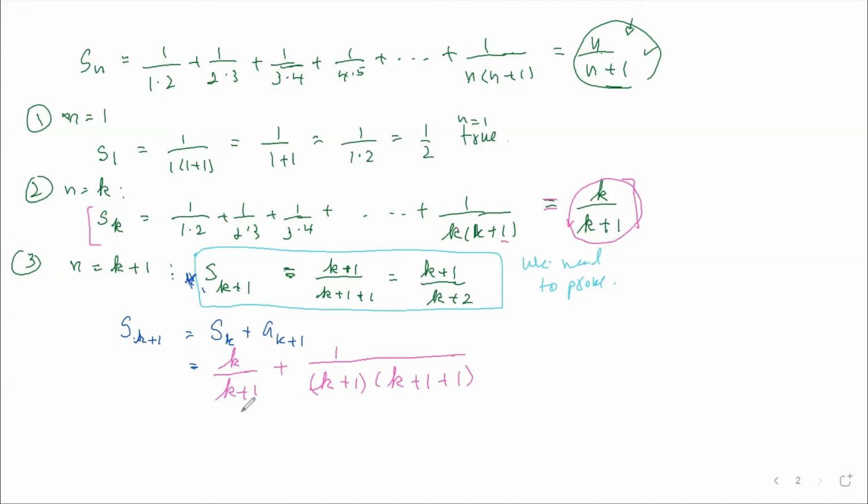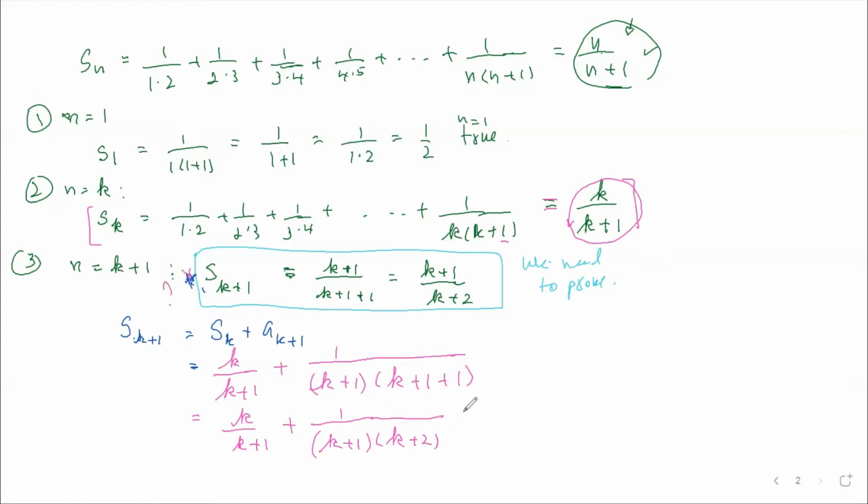Okay, so then we can simplify this. What we have becomes k over k plus 1 plus 1 over k plus 1 times k plus 2. After this, you just simplify and see whether this equals the other side or not.